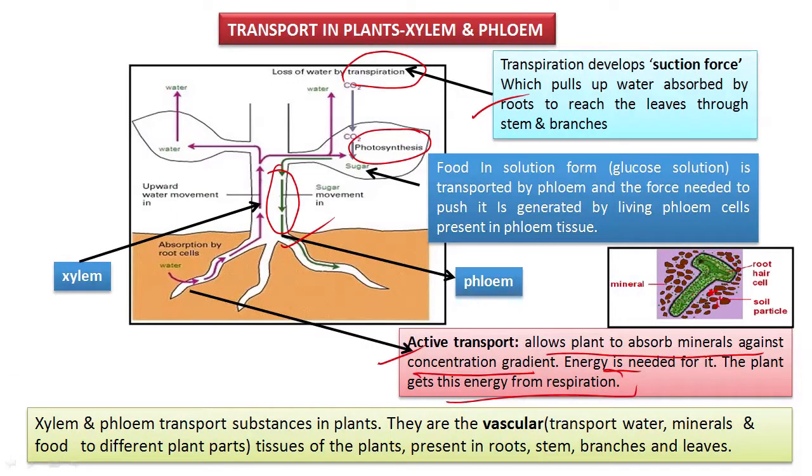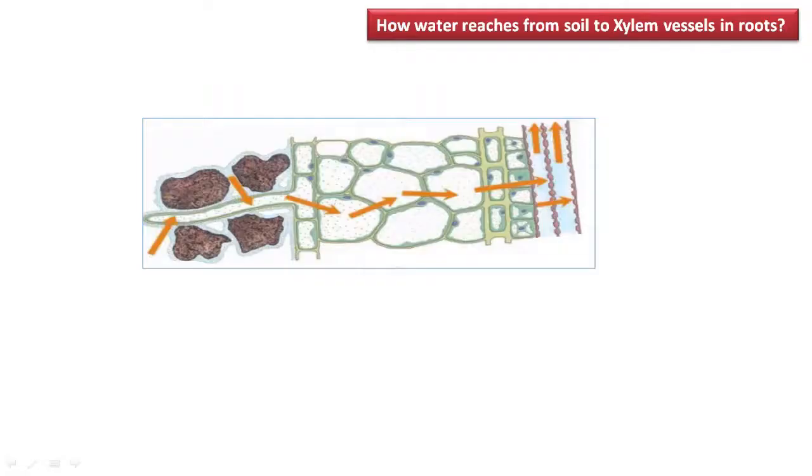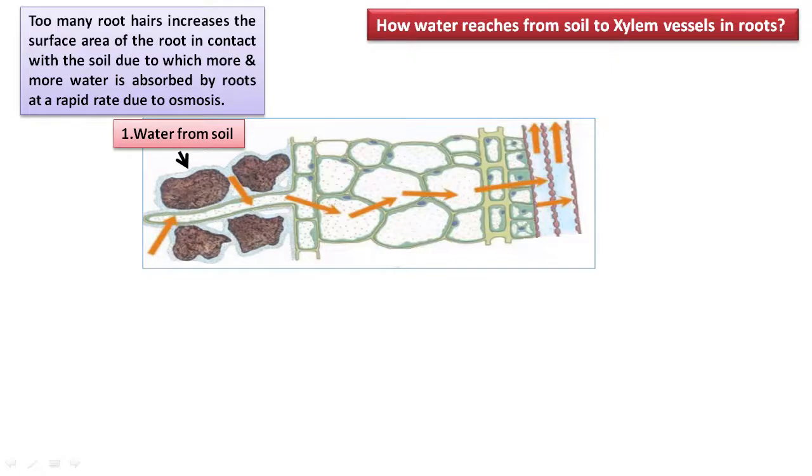Next, how does water reach from the soil to the xylem vessels in the roots? Water is present in the soil. As we know, a plant has so many roots. How do so many roots help? They increase the surface area of the root in contact with the soil, due to which more and more water is absorbed by the roots at a rapid rate through osmosis.